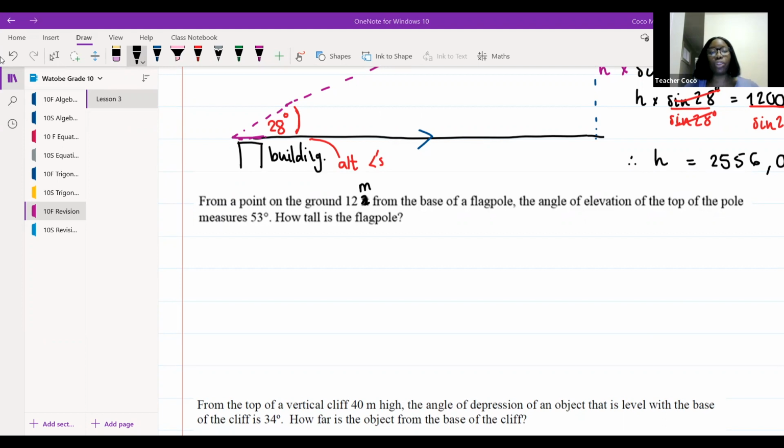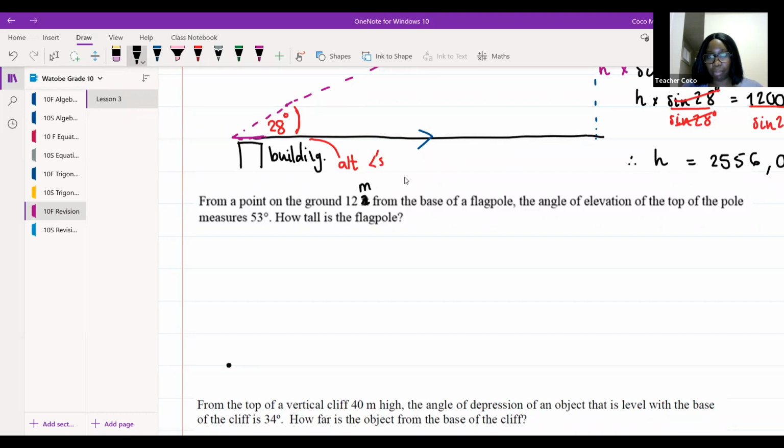Okay, first thing we're going to do, obviously, is try to draw this, making sure that we're drawing it correctly so we're not making a mistake. Now they say here, from a point on the ground, so we're going to make a point on the ground. 12 meters from the base.